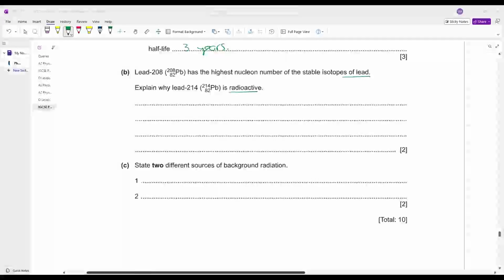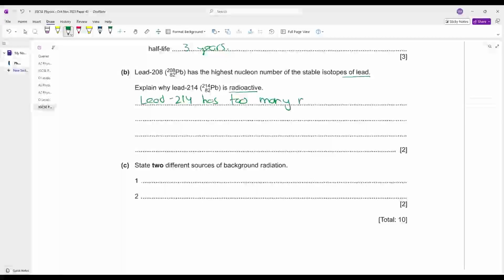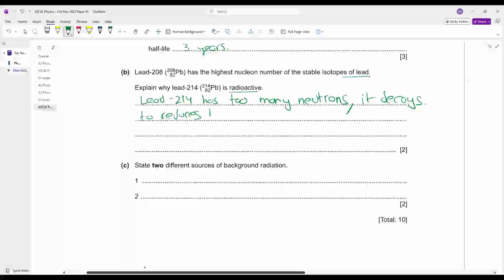Because lead 214 has too many neutrons, hence it is radioactive. It decays to reduce the number of neutrons.